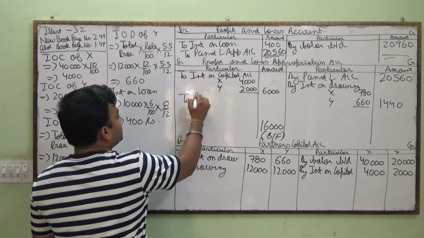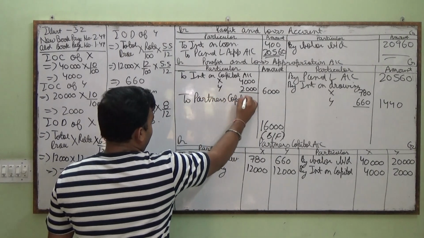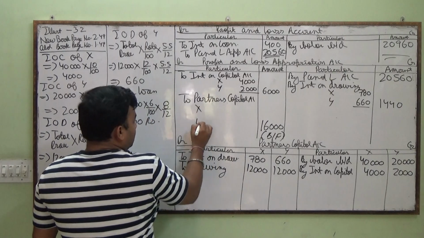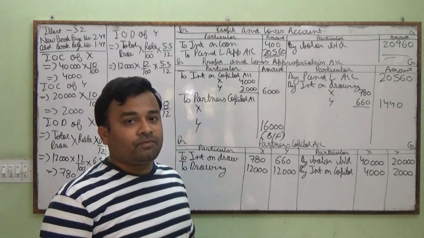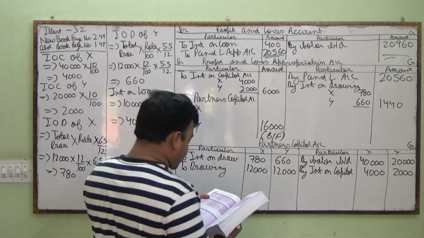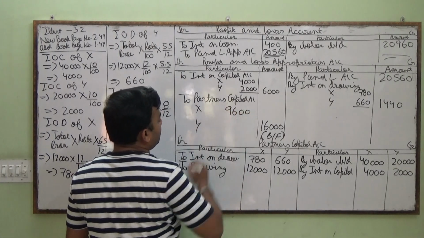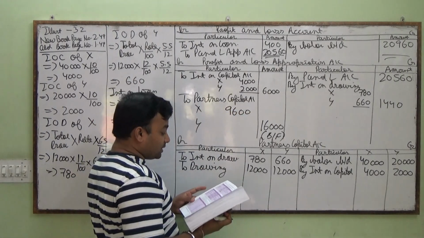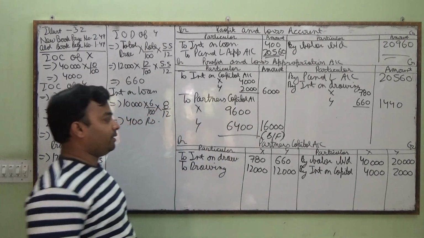So the two partners' capital accounts: this divisible profit is distributed between the partners in their profit sharing ratio, that is 3:2. So this 16,000 is divided between X and Y in the ratio of 3:2. X's share of profit is 9,600 and Y's share of profit is 6,400.